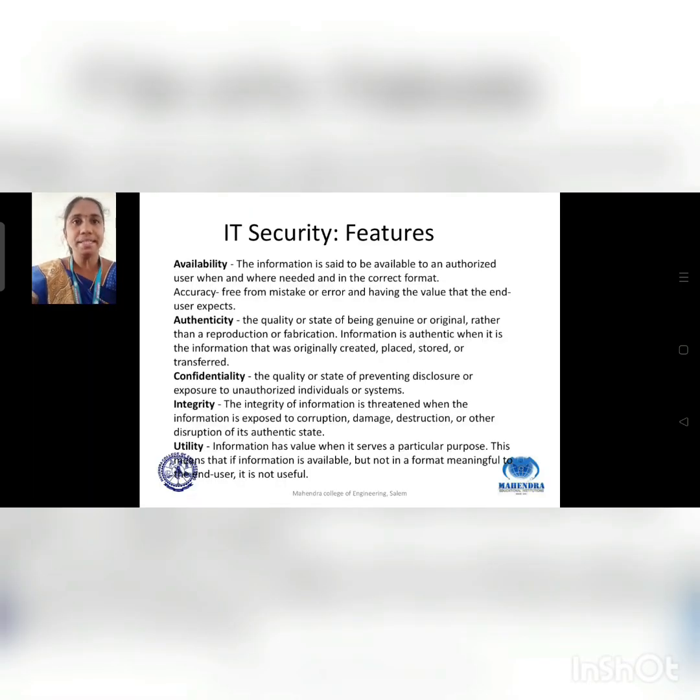Next one, IT security features. IT security features means availability, authenticity, confidentiality, integrity, utility. First one, availability. Availability means the information is said to be available to an authorized user when and where needed, in the correct format. Next one, authenticity.